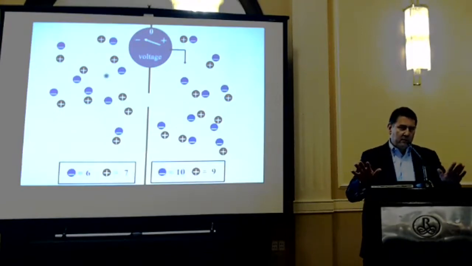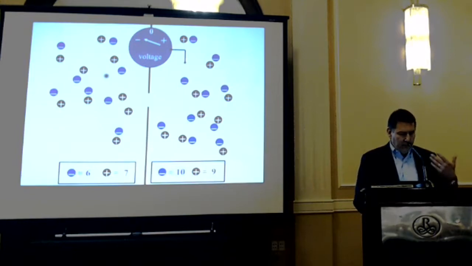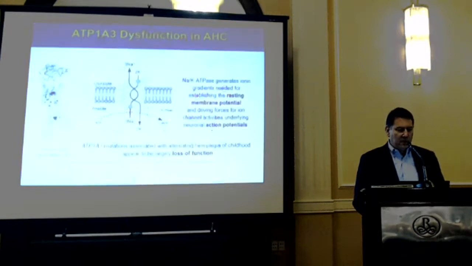So this is an important point because the ATP1A3 pump sets the resting membrane potential, or it sets parameters and conditions and contributes to the resting membrane potential. So that's point number one.